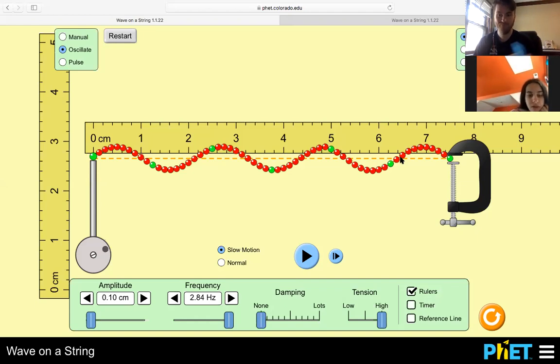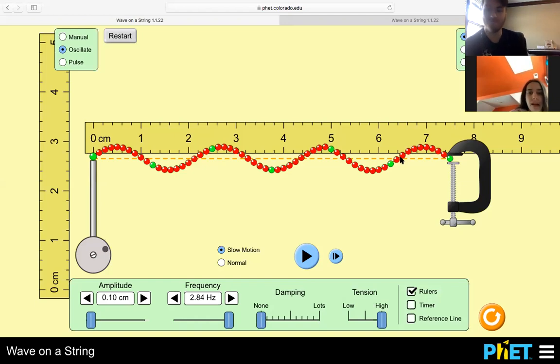What about for predict the frequency of the 16th harmonic? So let me ask you this. What's your frequency of your fundamental? What's the frequency of your first harmonic? 0.40. Awesome. What's the frequency of your second one? Don't have that one. Okay. Let's do your frequency of your third one then.